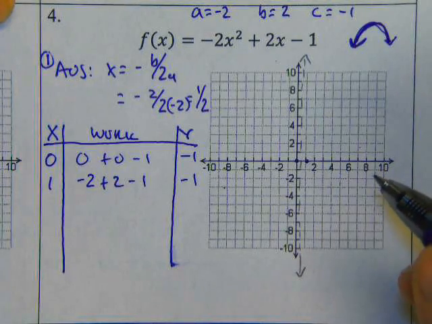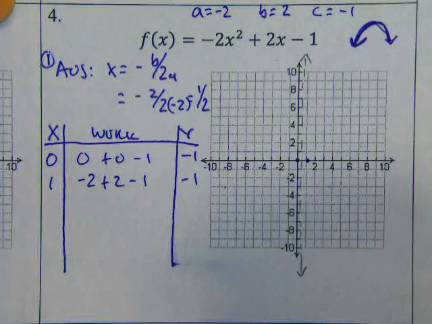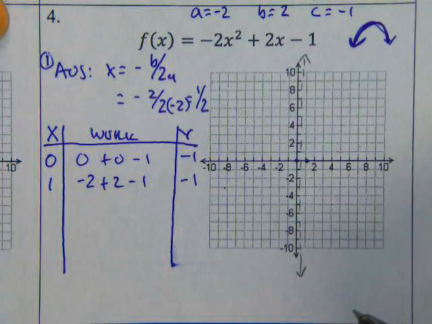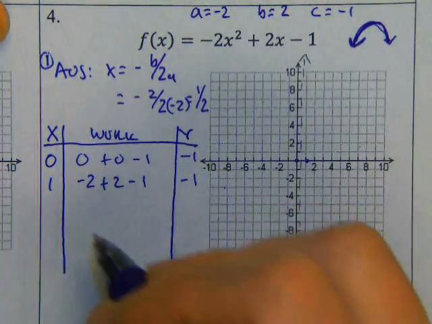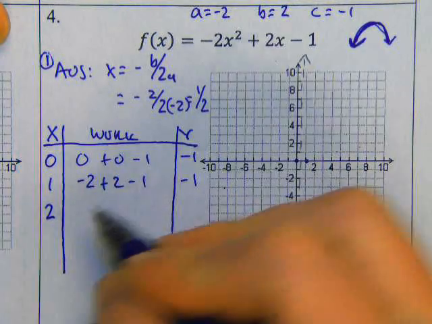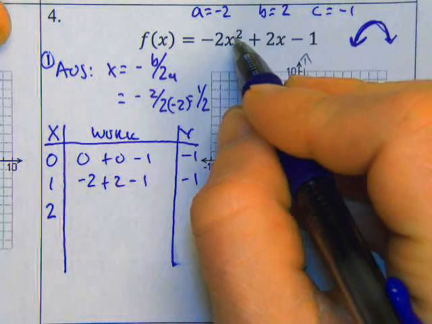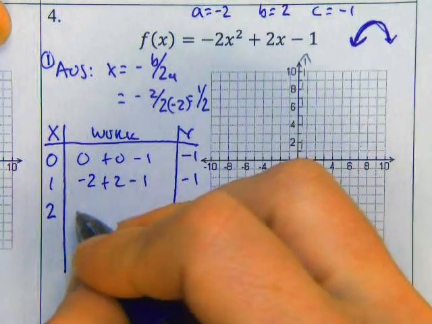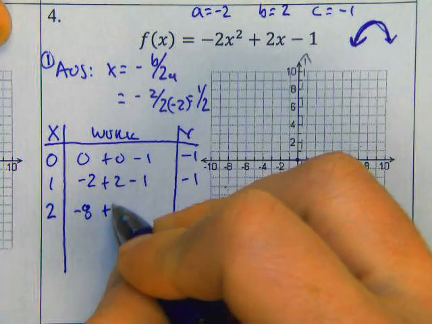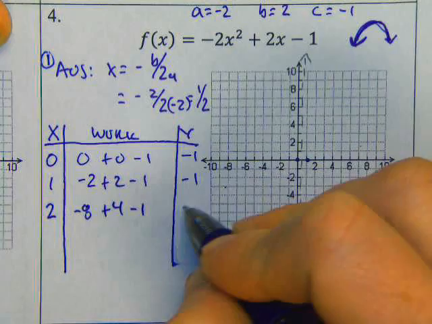I forgot to talk about the vertex in the last problem, so I'm going to do that in 3 and 4 to give you a heads up on that or a little more information. So if I plug 2 in, I've got 2 squared is 4 times -2 minus 8 plus 4 minus 1, and that to me looks like -5.